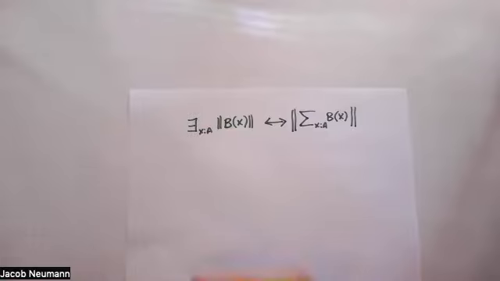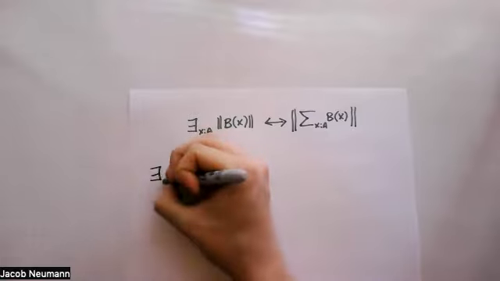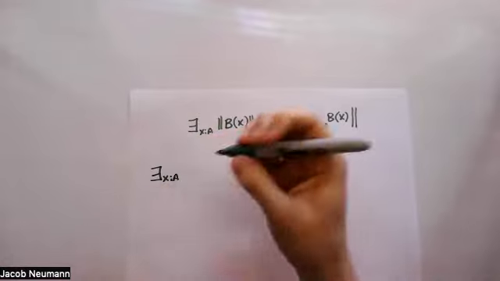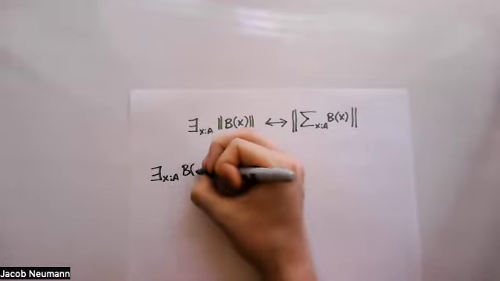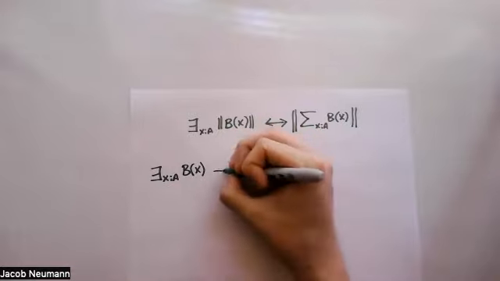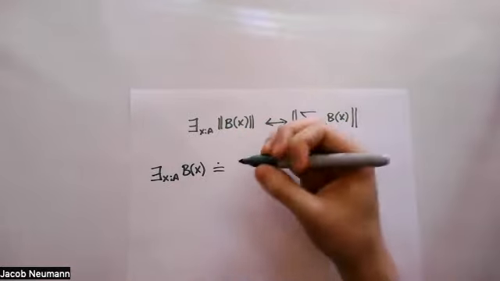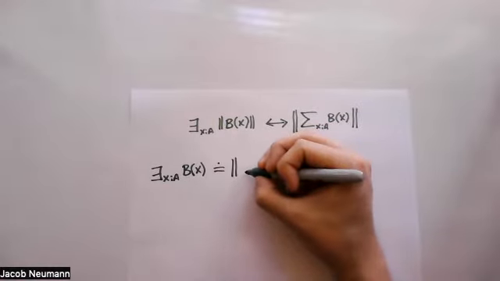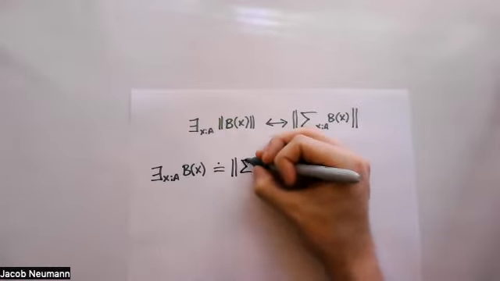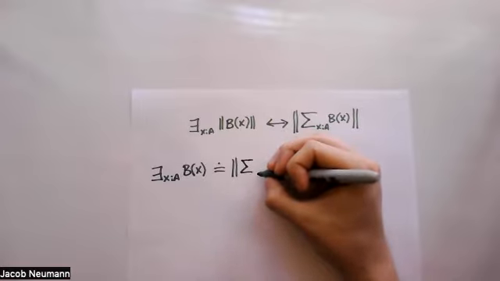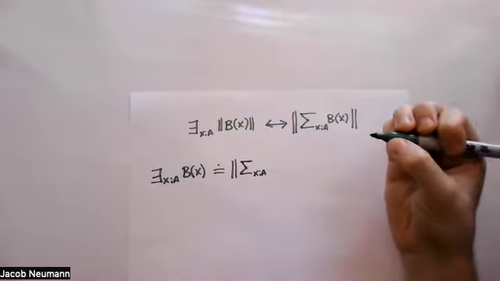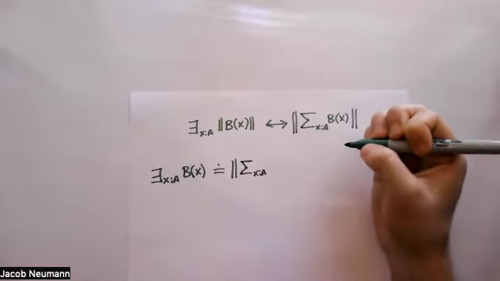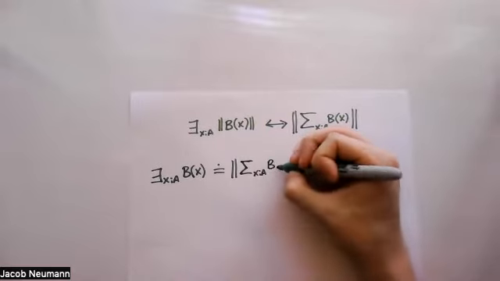So remember that there exists an x of type A such that B of x is just defined as the propositional truncation of the sigma, there exists an x in A such that B of x.